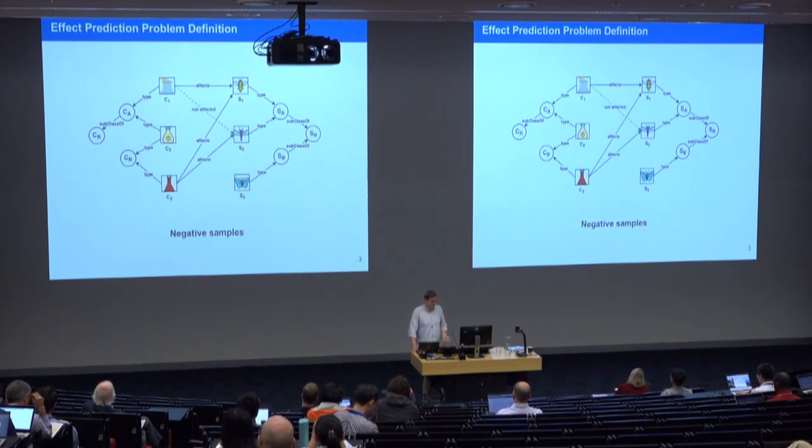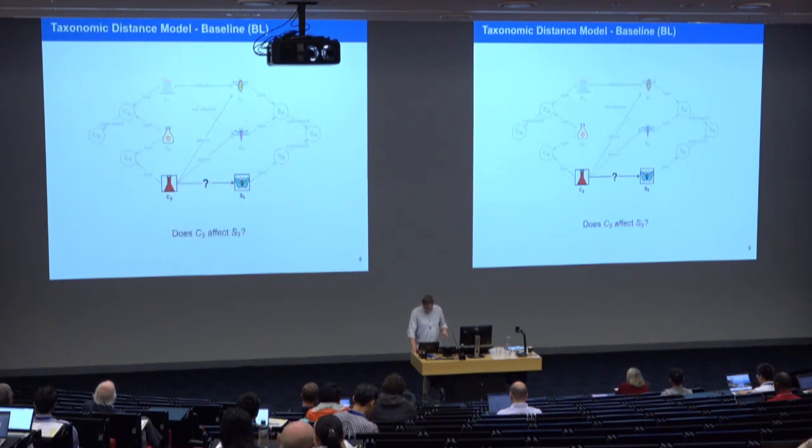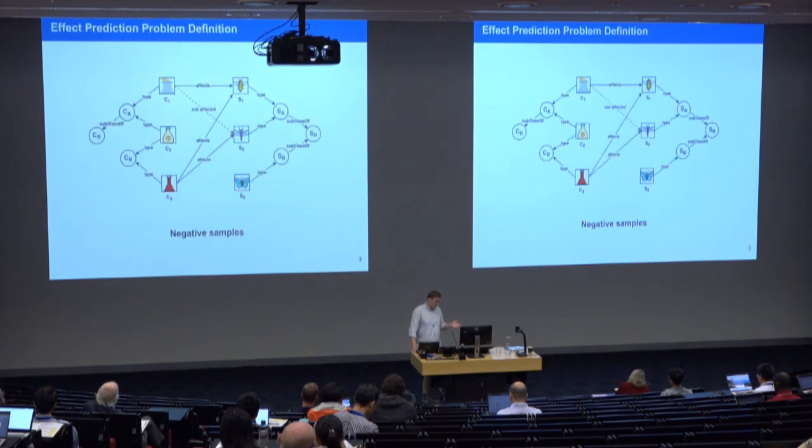And then we have some negative samples where the given concentration in the experiment did not give any effects to the species. Here we limit ourselves to binary classification because that's just the stage we're at this moment in time. So to solve this problem, we have developed 3 models, and the first is based on some taxonomic distance.